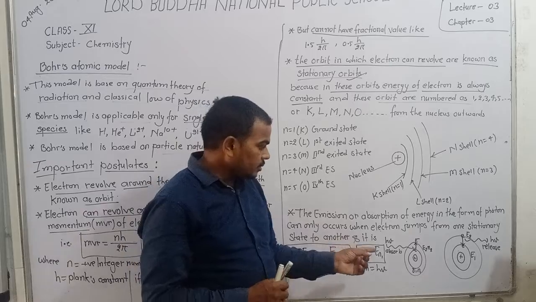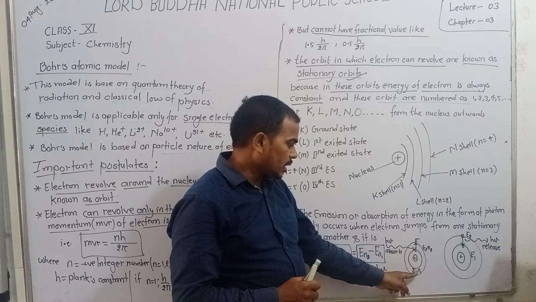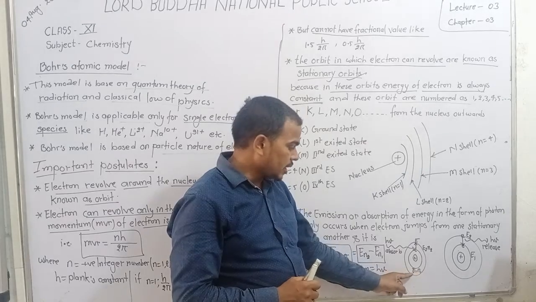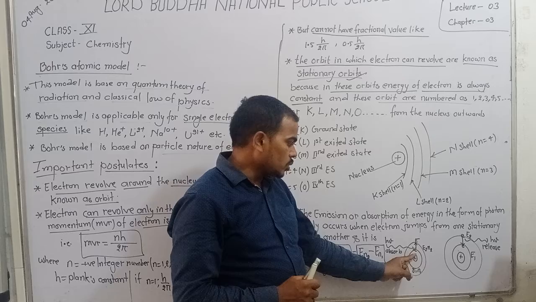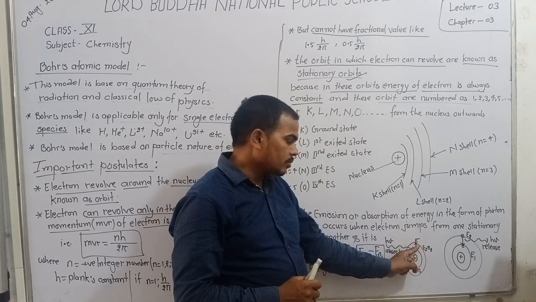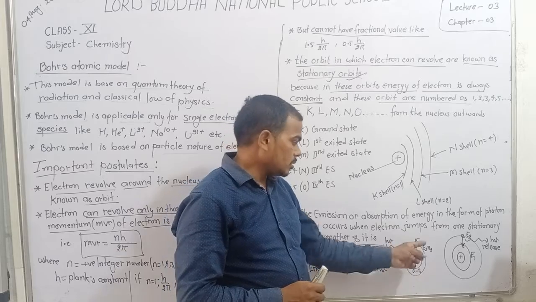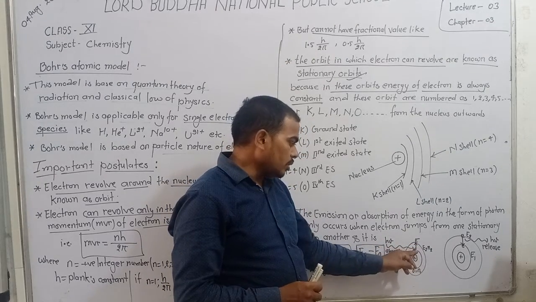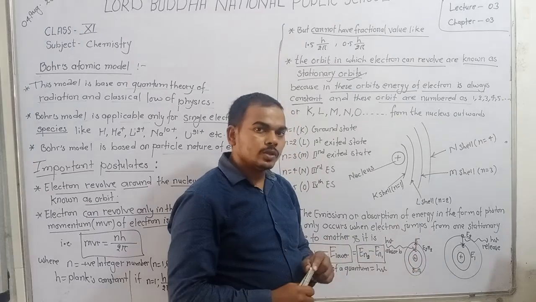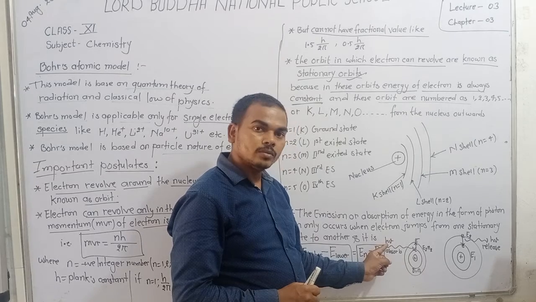Dear student, like here the electron of the first orbit, that is n is equal to 1, and the energy of this orbit is E1, jumps to higher energy, that is E2, and the integer number is n2. When an electron jumps from lower energy to higher energy, it absorbs energy in the form of photon.